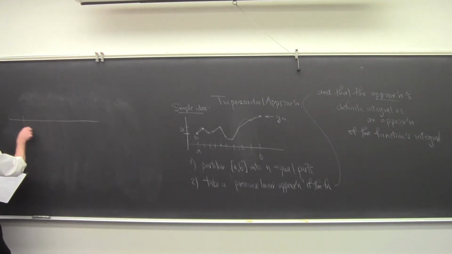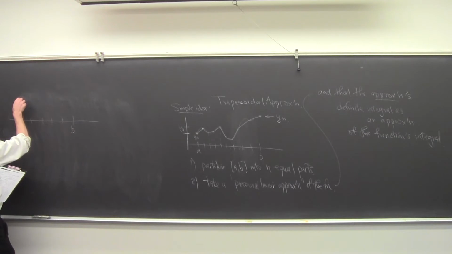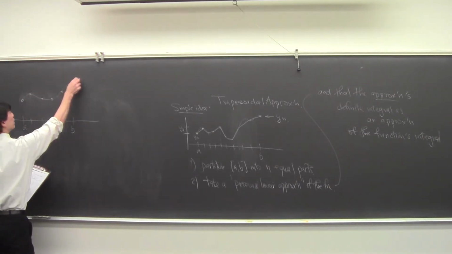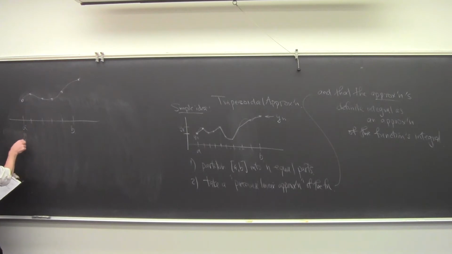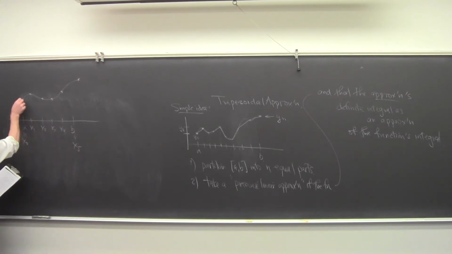Suppose I have A, B. Just going to make a few points. Let's call these x0, x1, x2, x3, x4, x5, and their heights y0, y1, y2, y3, y4, y5.